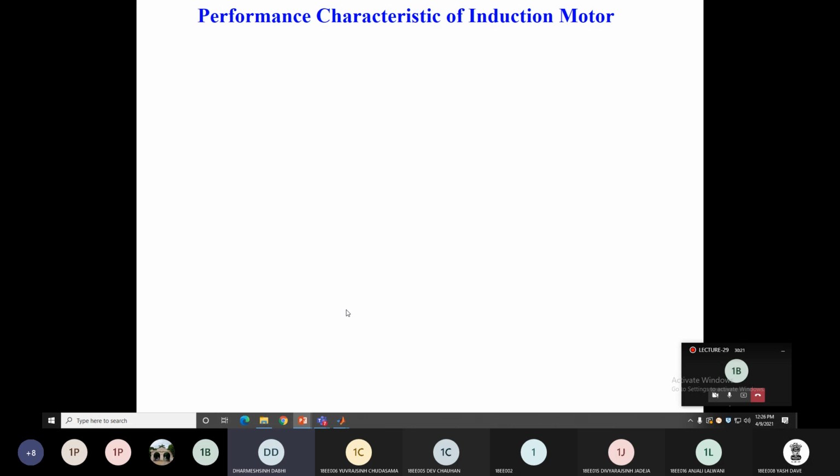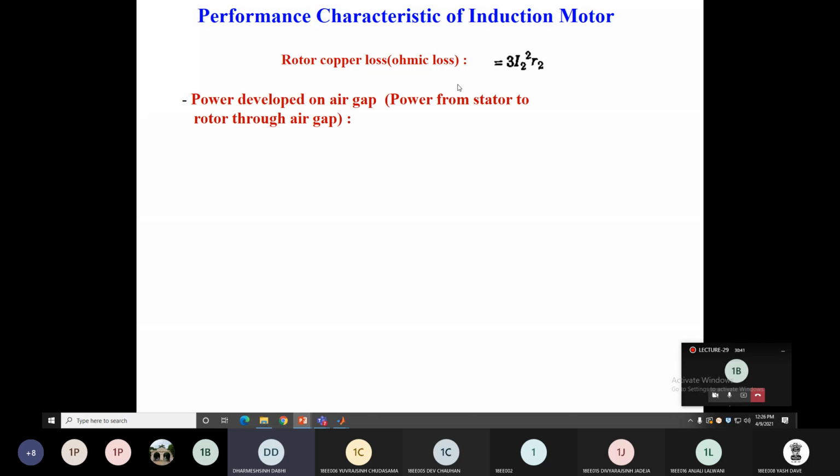Now, how much power loss, or copper loss, happens in the rotor circuit? As we know, it depends upon the resistance and the rotor current I2. So 3 I2 squared into R2 is the rotor copper loss. You can also call it the ohmic loss.